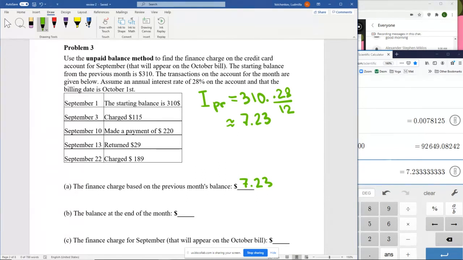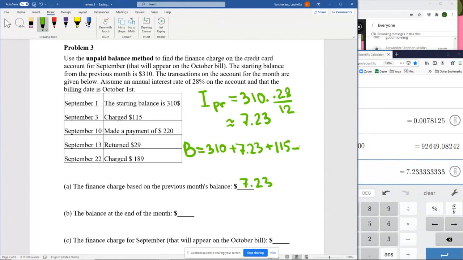Okay, now the balance at the end of the month. Don't forget to add this finance charge to the balance. So the balance, or you can use P for this, will be the starting balance 310, plus finance charge 7.23. Then we look at the table. We charged our credit card by 115.